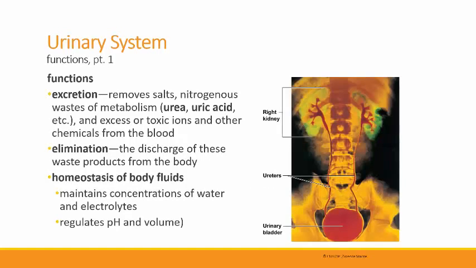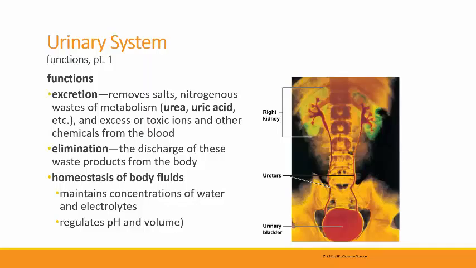So when we think about the functions of the urinary system, of course, topping the list would be excretion, the removal of materials that we don't want in blood or body fluids and getting it out of the blood. And so we get rid of the nitrogenous wastes that are produced as we metabolize proteins and nucleic acids, two chemicals in the body that are high in nitrogen.